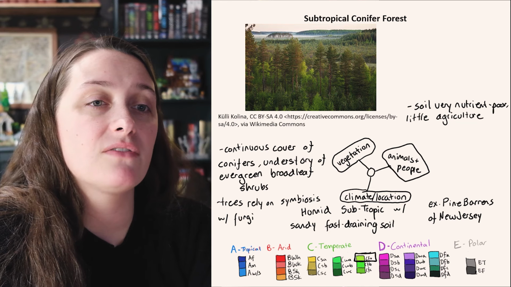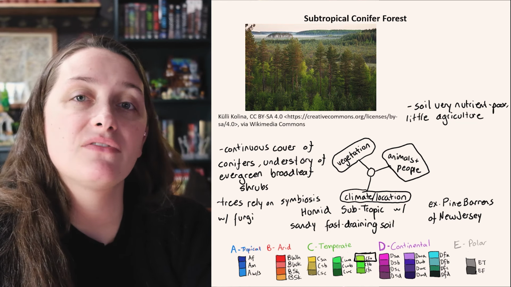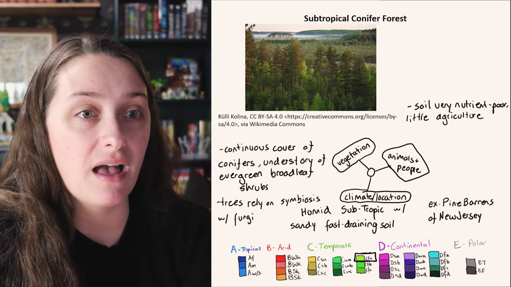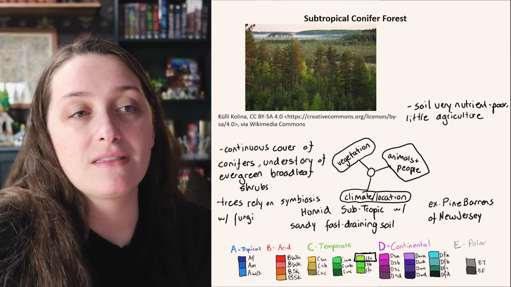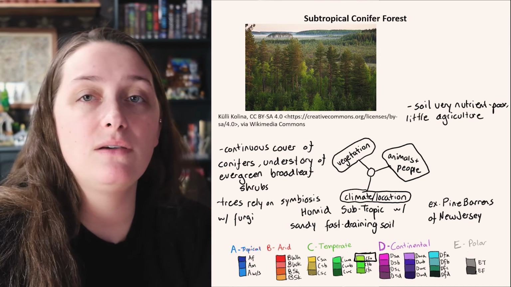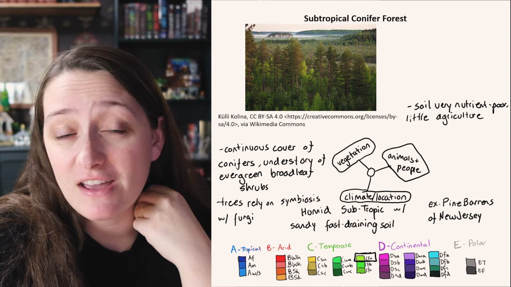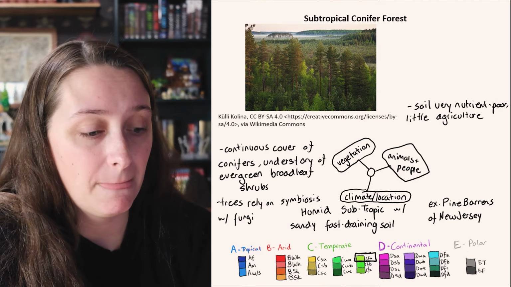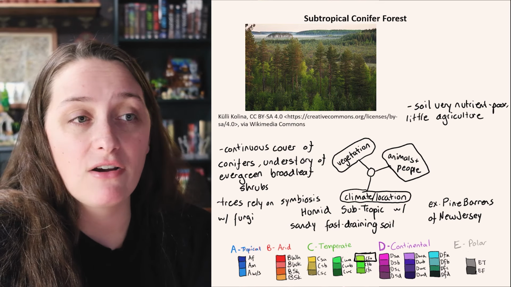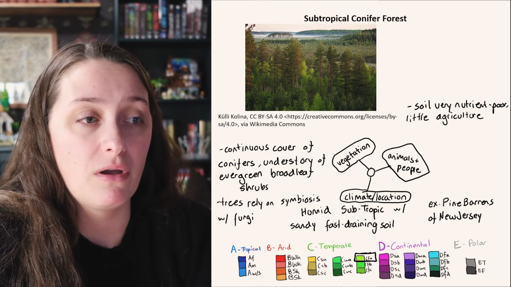And these tend to survive due to symbiosis with fungi. Some examples of this are the pine barrens of New Jersey, piney woods of the American South, the Araucaria forest of southern Brazil. So again, there's going to be very little agriculture here because it is also pretty nutrient poor.